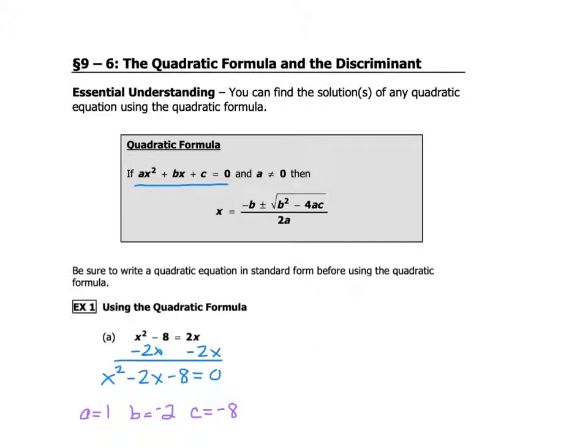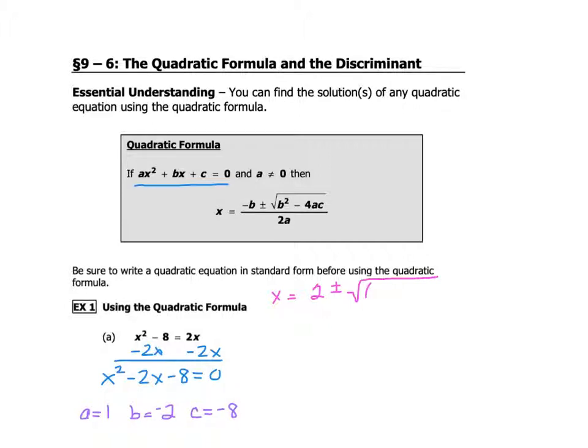So here's what I'm going to do. I'm going to write x equals. The first thing I have is -b. Well, my b is -2, so -(-2) is just +2. Then I have that wonderful plus-minus sign, which tells me I'm going to have to calculate this twice. Then I have the square root, and in here I have b squared.